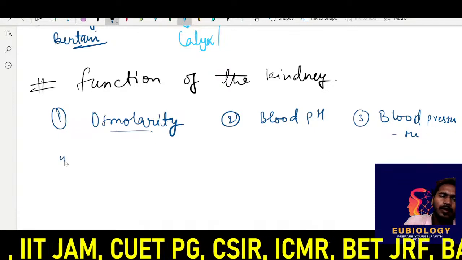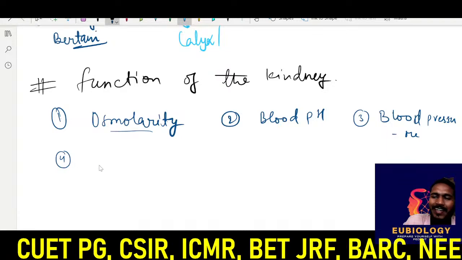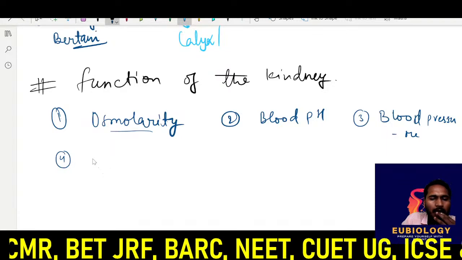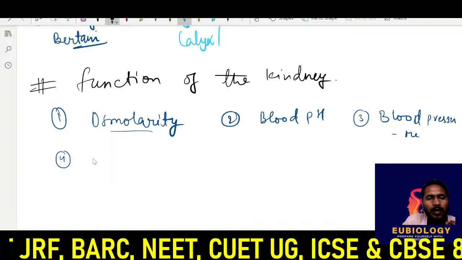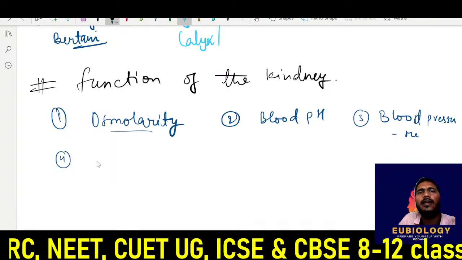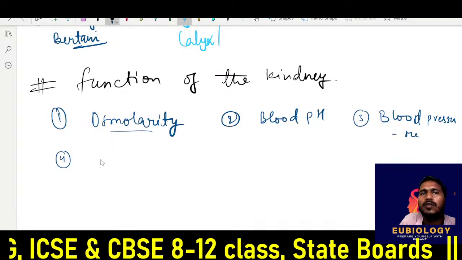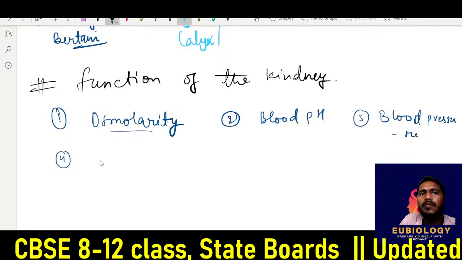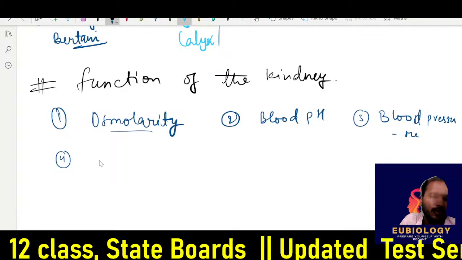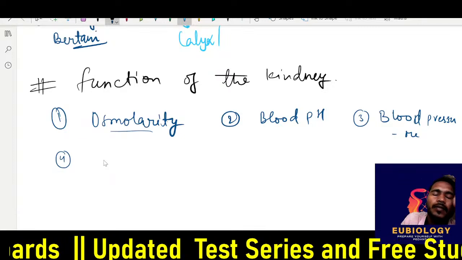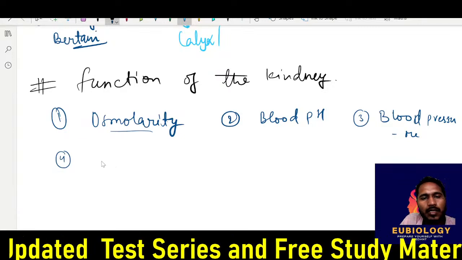And the important thing, it is very unnatural to listen that the kidney will decide how much glucose you have to break down, or how much glycogen has to be broken down. So in a simple way, it will decide the level of glucose in the body also.